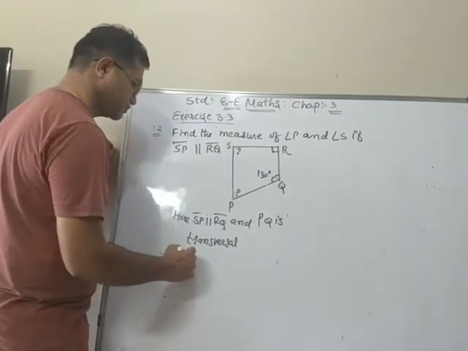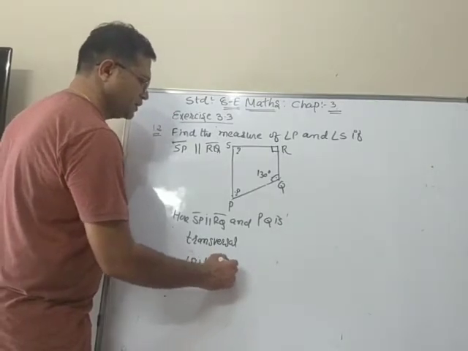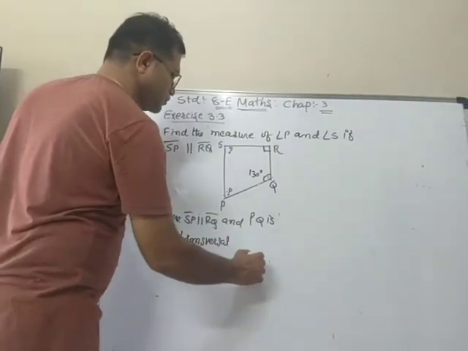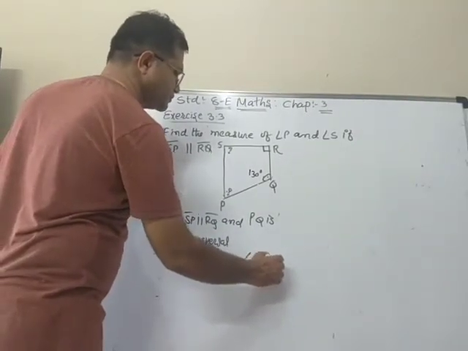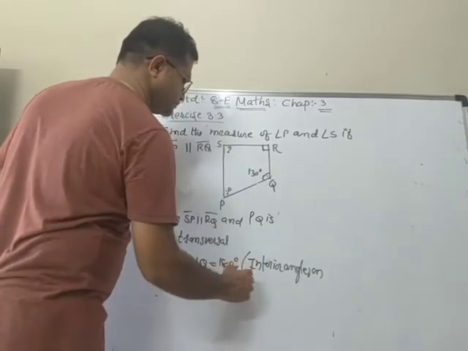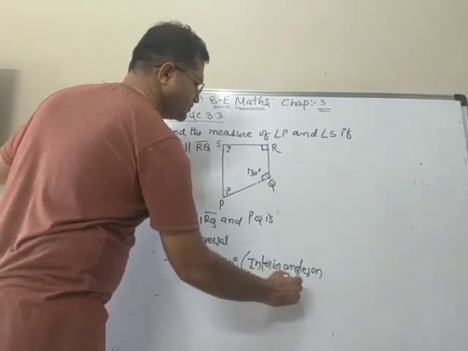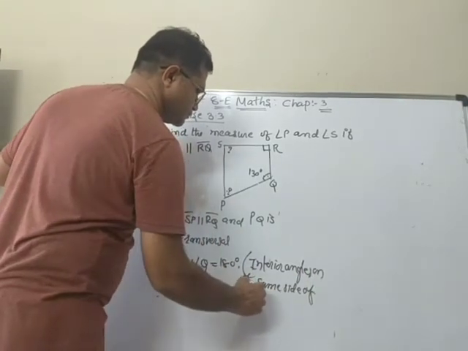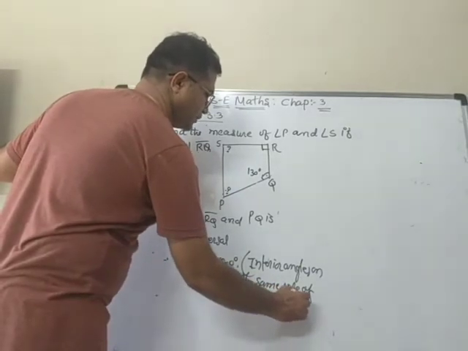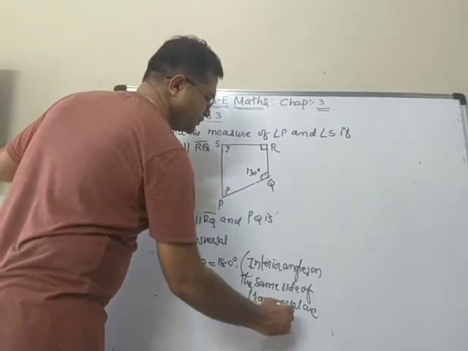Therefore, angle P plus angle Q is equal to 180 degree. You can write down interior angles on the same side of transversal are supplementary.